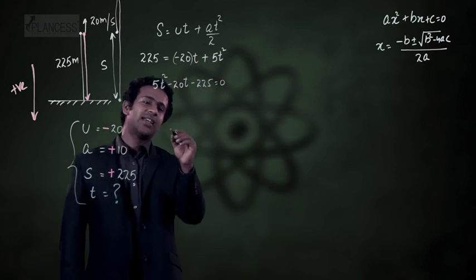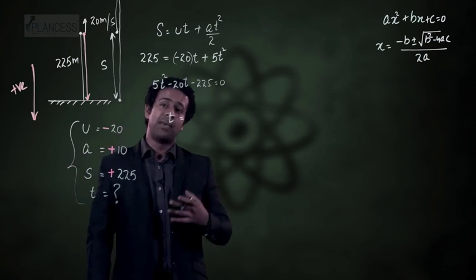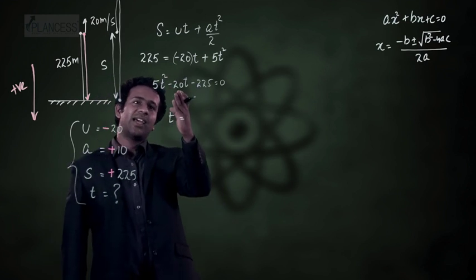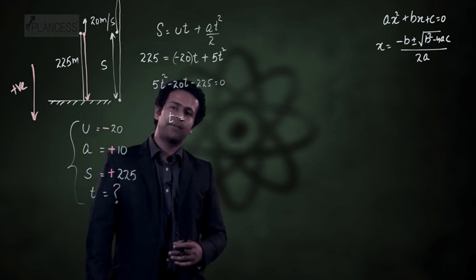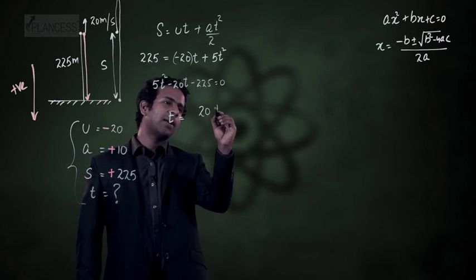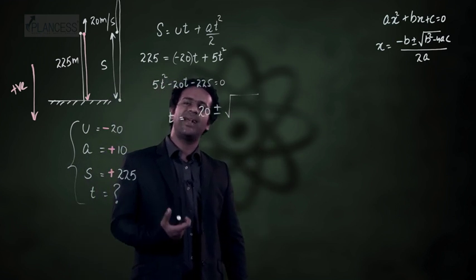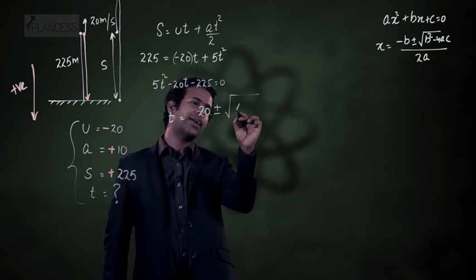So let's apply this to our given equation. We see that t, the solution to this equation, would be equal to minus b. Now b in our case is minus 20, so minus of minus 20 becomes plus 20, plus minus square root of b square. Minus 20 when squared would give you 400.